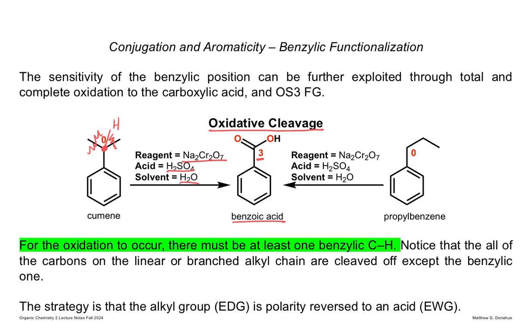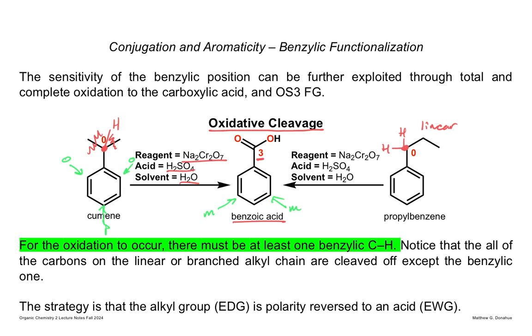So you've taken something that is, again, an ortho-para director. You've added an electron withdrawing group, and now it's a meta director. On the other arrow here, if we were starting with propylbenzene, again, this is the linear chain, we see it has 2 hydrogens.